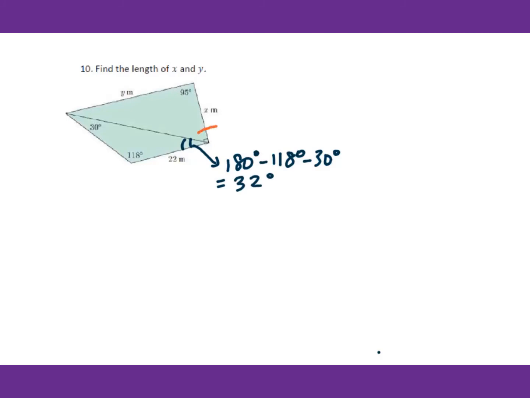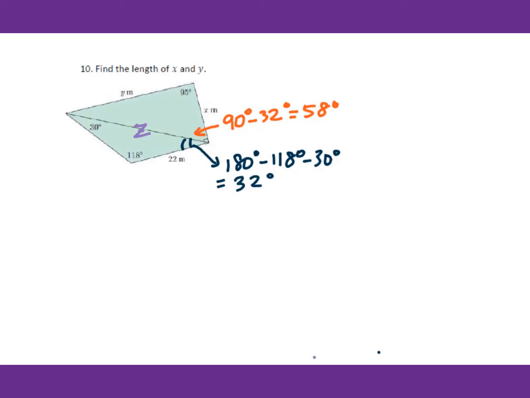Therefore, we got this angle that's 90 degrees minus 32 degrees. That will be 58 degrees. Therefore, for this triangle, including x and y, we already got the two angles. We need to figure out one side. We label here the z.